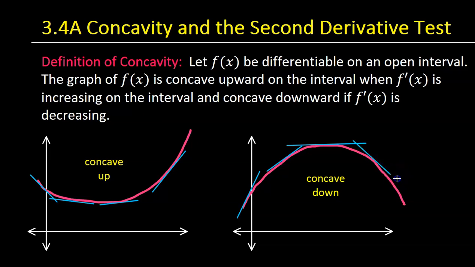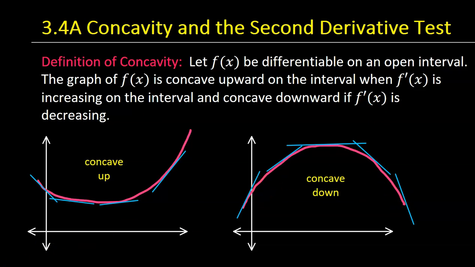And as I go even more extreme, the slope becomes even more negative. So from left to right, the slope is constantly decreasing. And technically, that's what makes this concave down. The slope is decreasing, the derivative is decreasing.